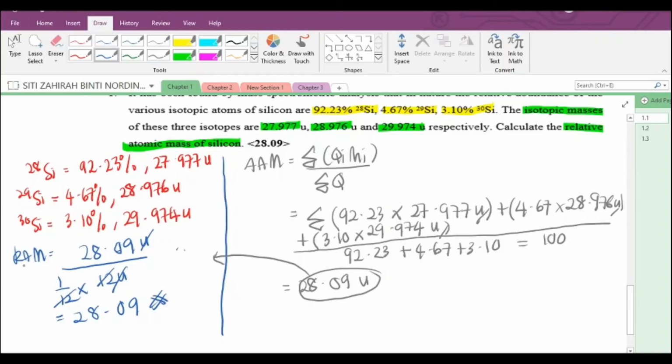Remember that relative does not have any unit, because we already canceled this unit together. For my tutorial, I always provide the final answer because it will be easier for you to check your answer by yourself.